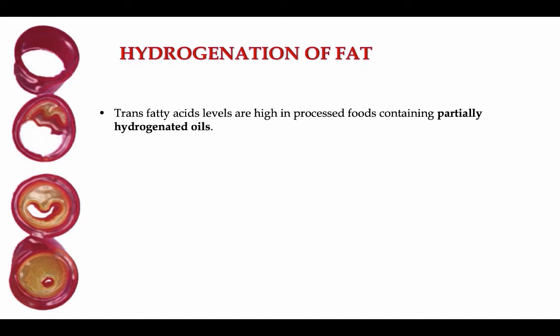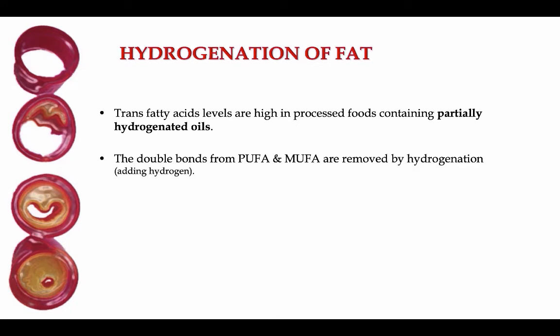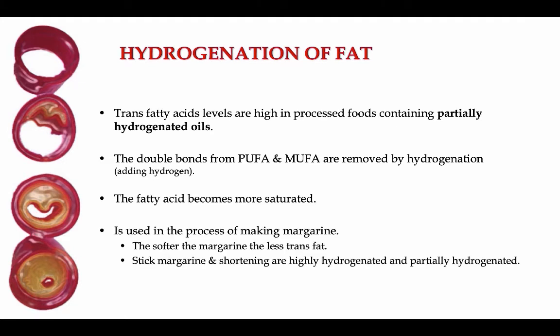But we're going to talk about it today. The double bonds found in polyunsaturated fatty acids and monounsaturated fatty acids are removed during this process of hydrogenation, adding hydrogen. And what happens when you add hydrogen to an unsaturated fat is that it becomes more saturated.